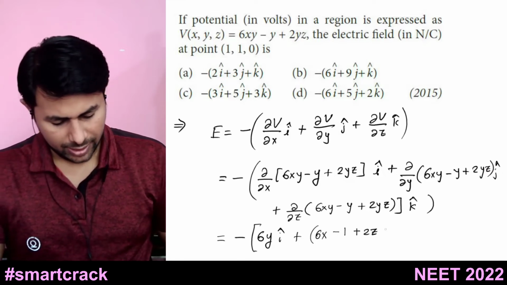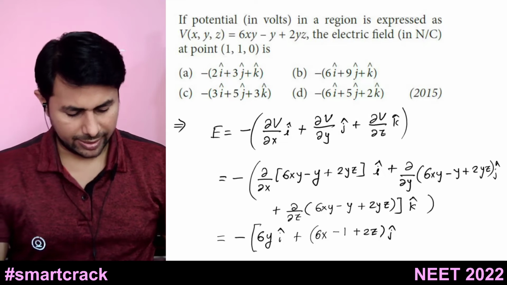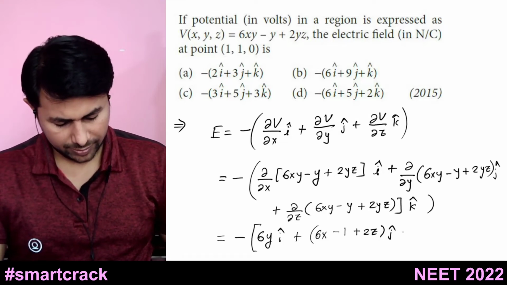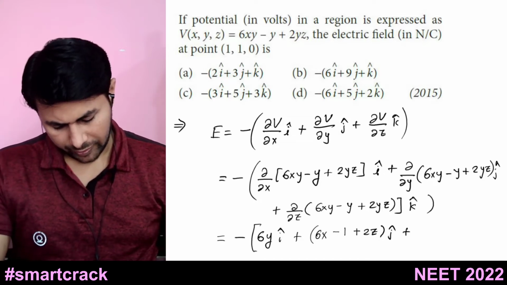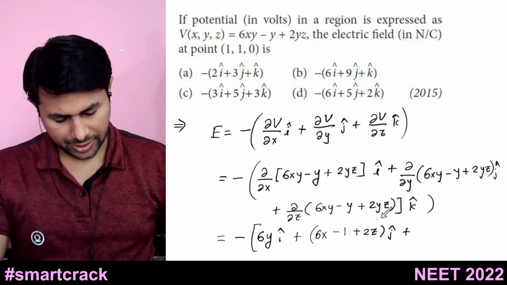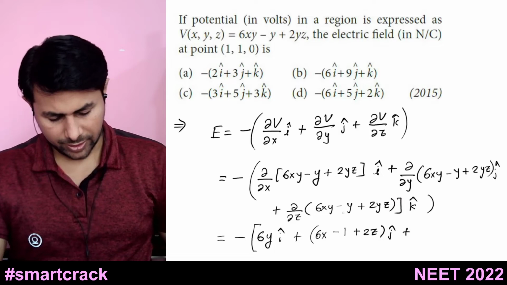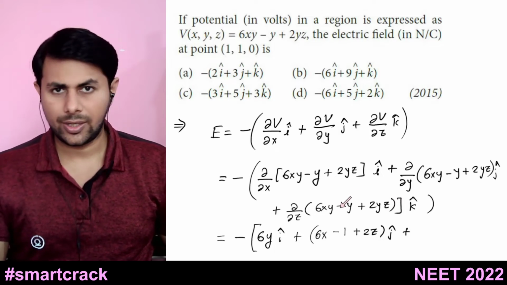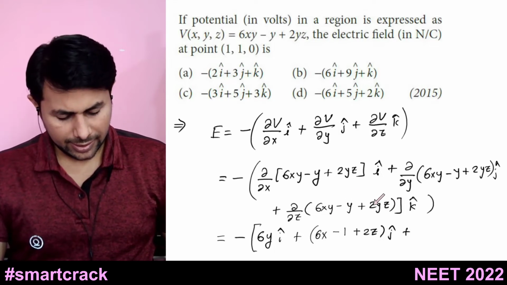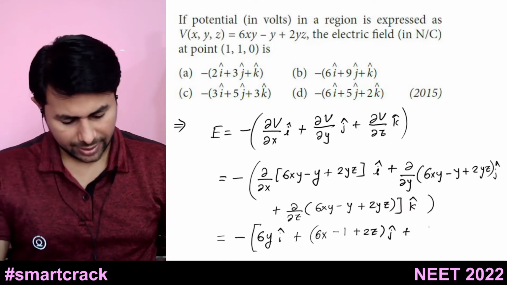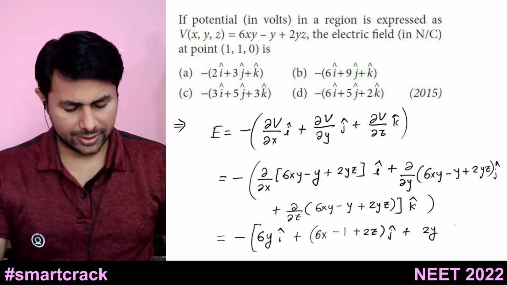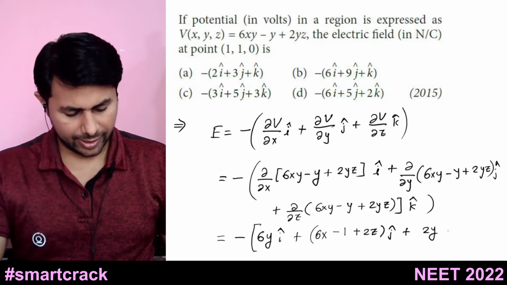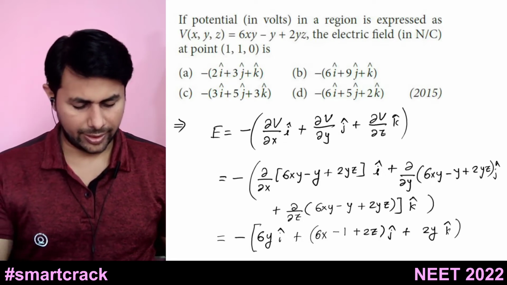So this thing into j cap, and plus we have the derivative with respect to z. There is z in the last term only, so for the first two terms the derivative is 0. In the last term, 2y is constant, I can take it out, so it is 2y into dz by dz is 1. So it's 2y into k cap.